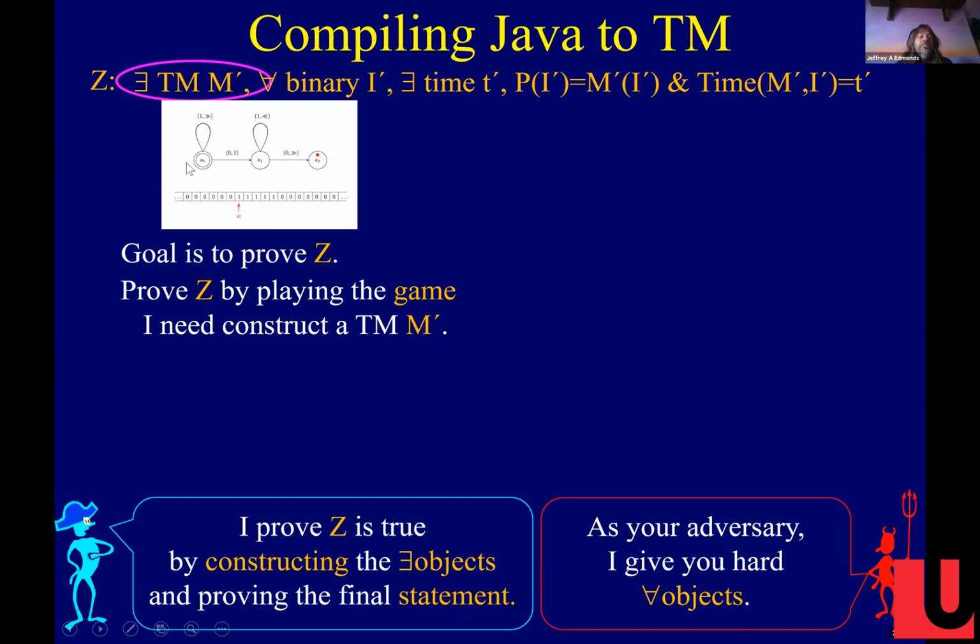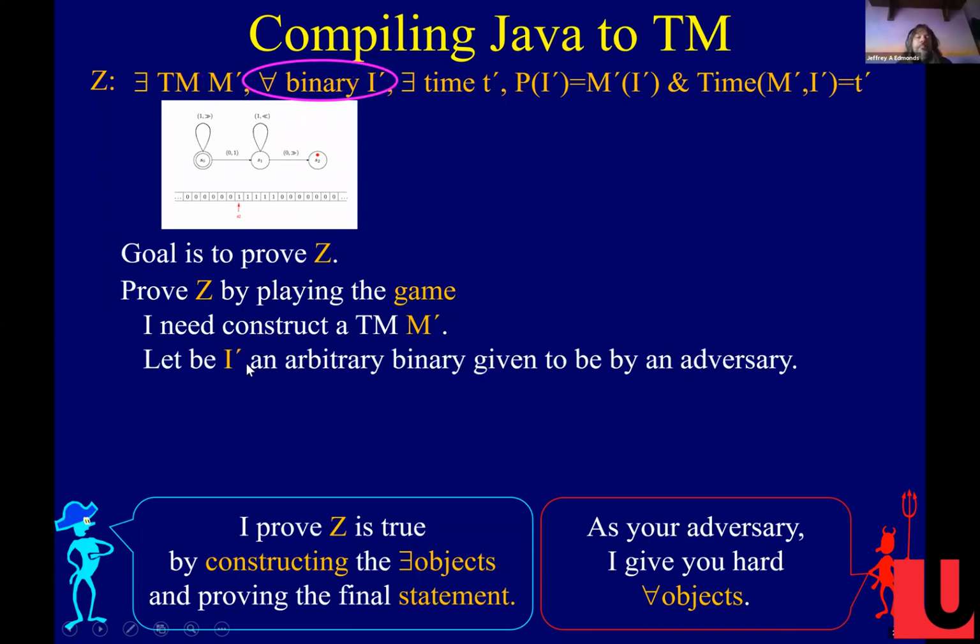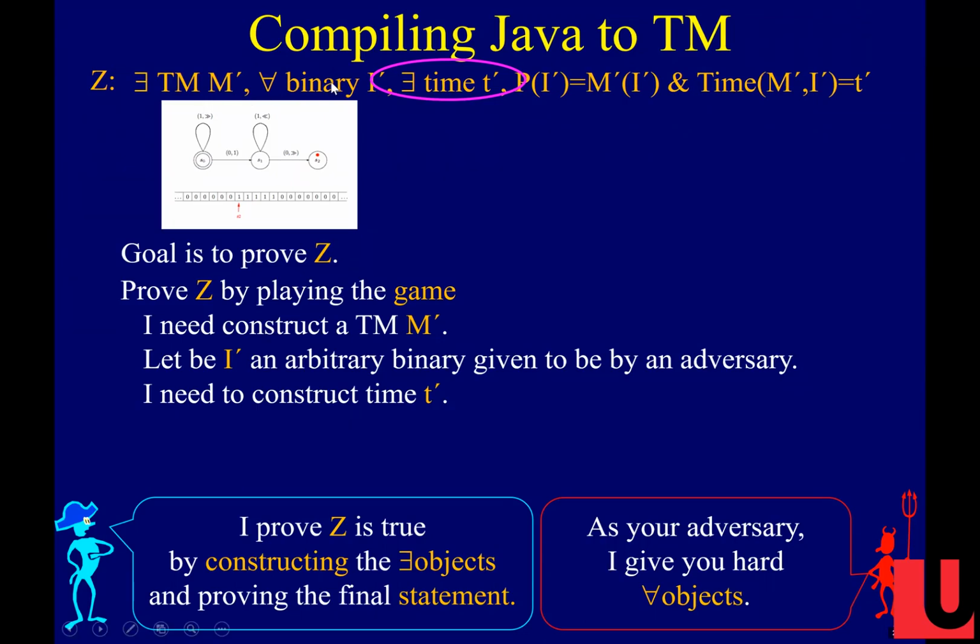So in order to prove that problem P is computable by a Turing machine, we start by constructing the Turing machine. And then we're given an arbitrary binary string. And then we get to say what the running time of this Turing machine will be on this binary string.